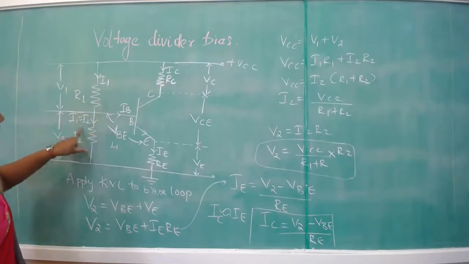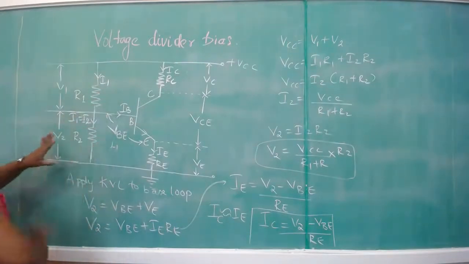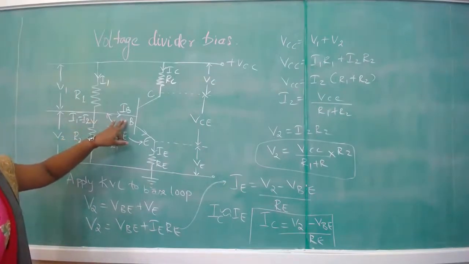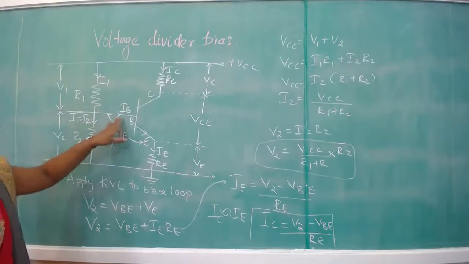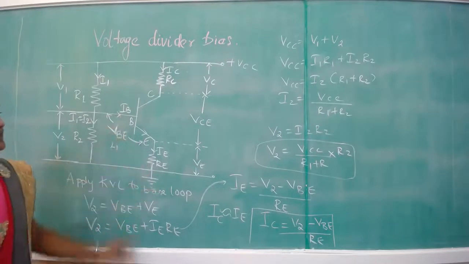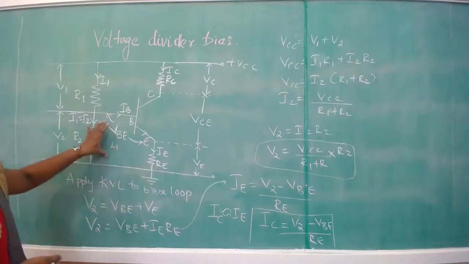That's why IE is directly considered equal to IC, because we are neglecting the value of IB. That's why IE is becoming equal to I2 in this case, right? So totally the IB value is very less. That's why we are not considering it in the calculations. Okay. So this is about the IC at this point.